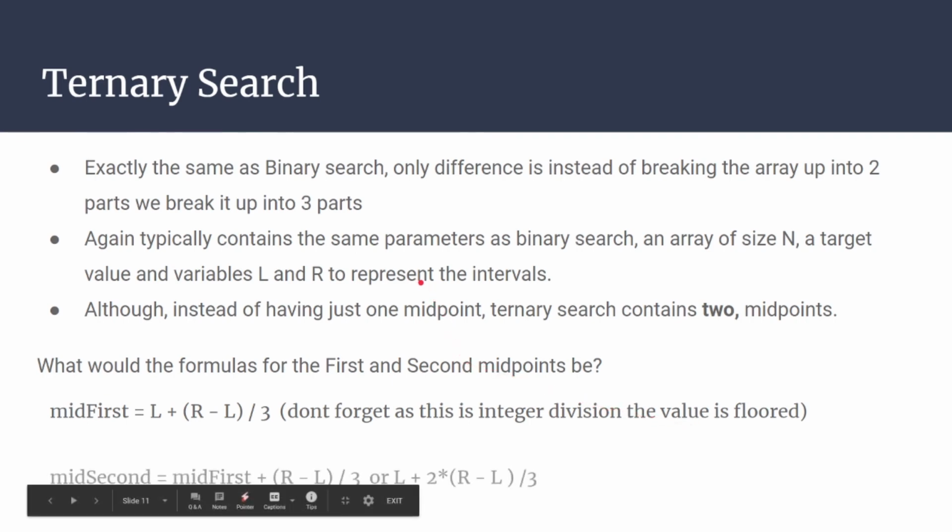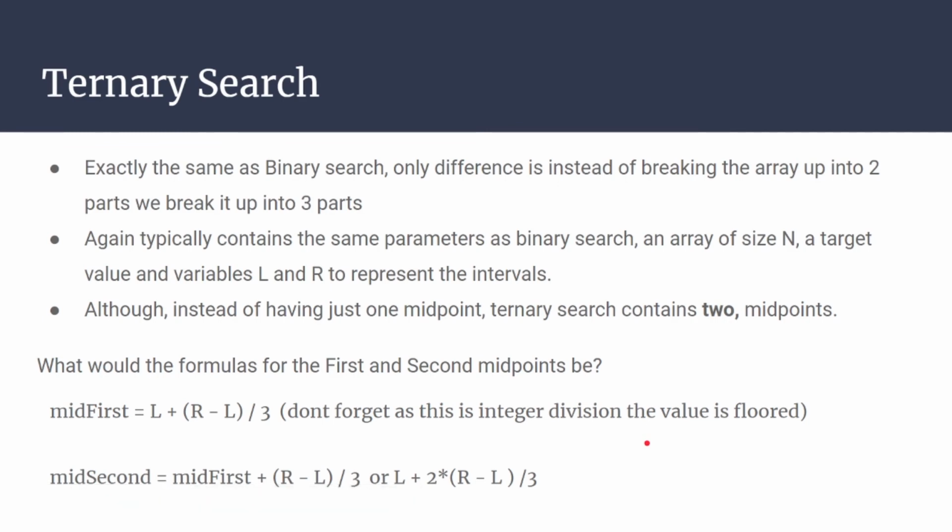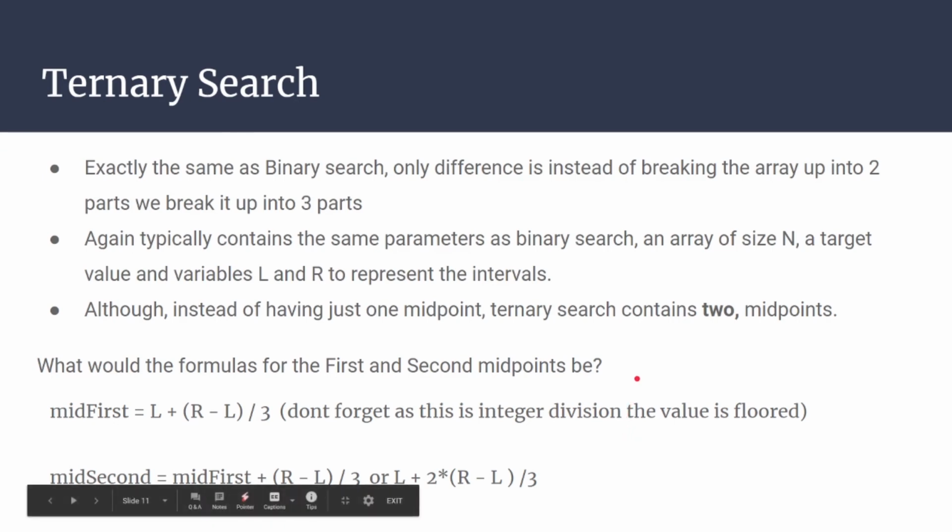For our mid-second, sorry about the overlap, mid-second is equal to mid-first plus (R minus L) divided by 3, or L plus 2 times (R minus L) divided by 3. So they basically mean the same thing. It doesn't really matter which one you choose.